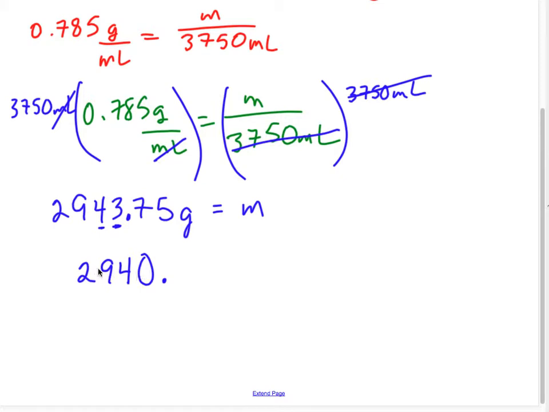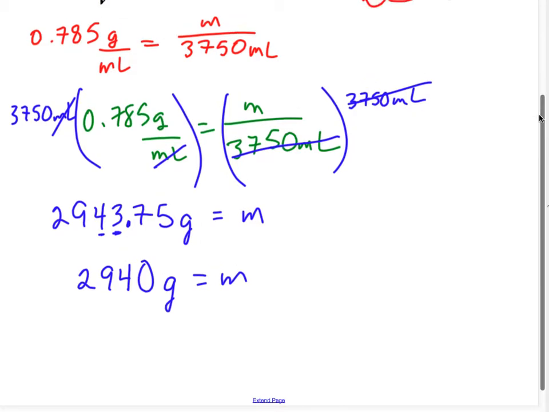So it'd be 2940 grams. I shouldn't put a decimal at the end though, because that'll give me an extra sig fig. Okay, so 2940 grams is what my mass is. Okay, that's how I would do the first question.